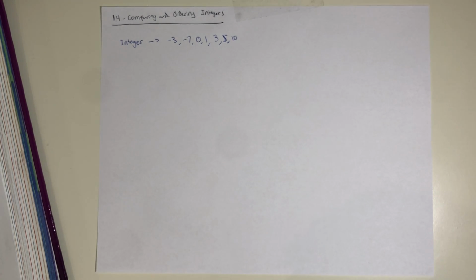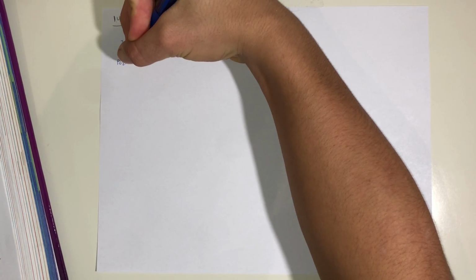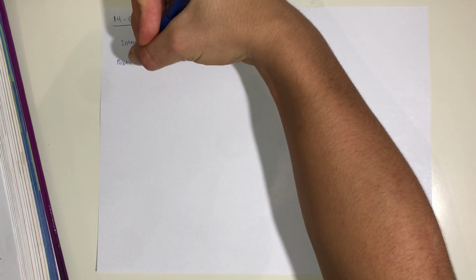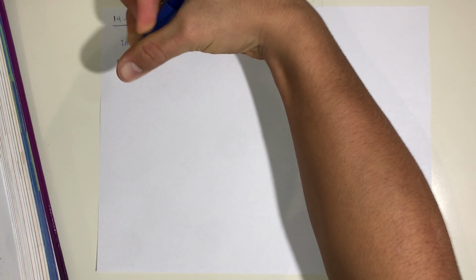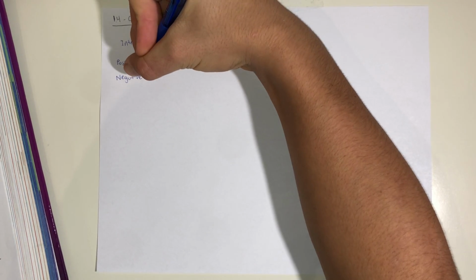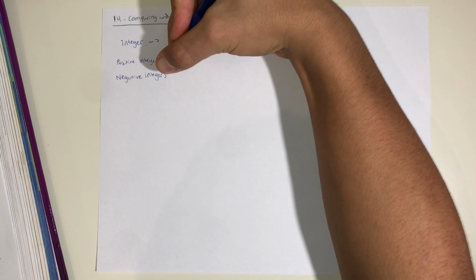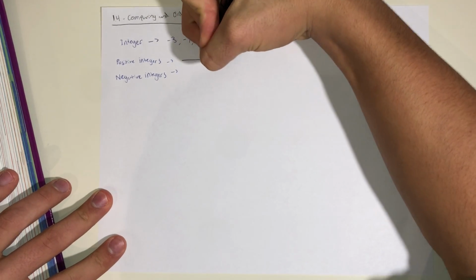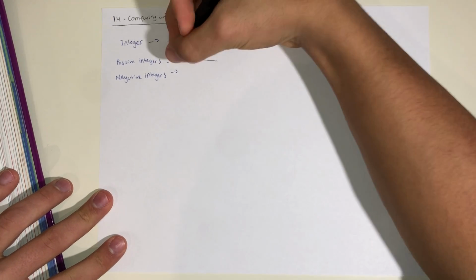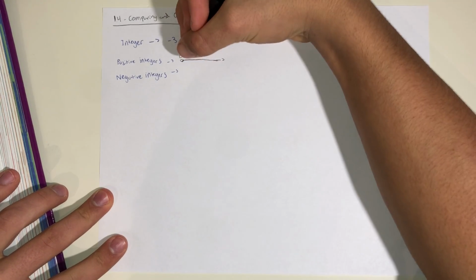Negative integers and positive integers are just the ones that are positive or negative. Positive integers would not include 0. It's everything that's in the positive direction.